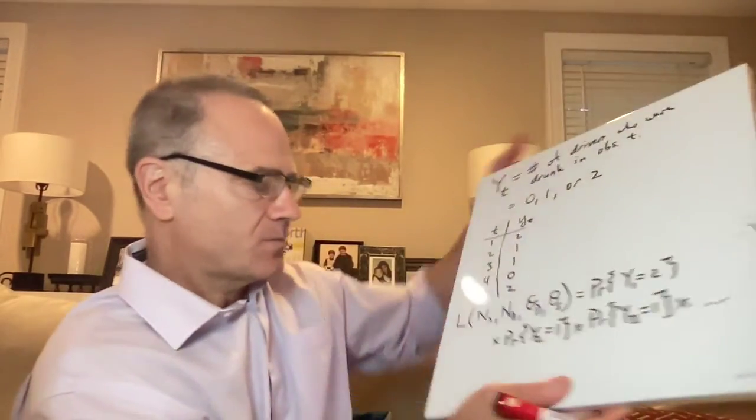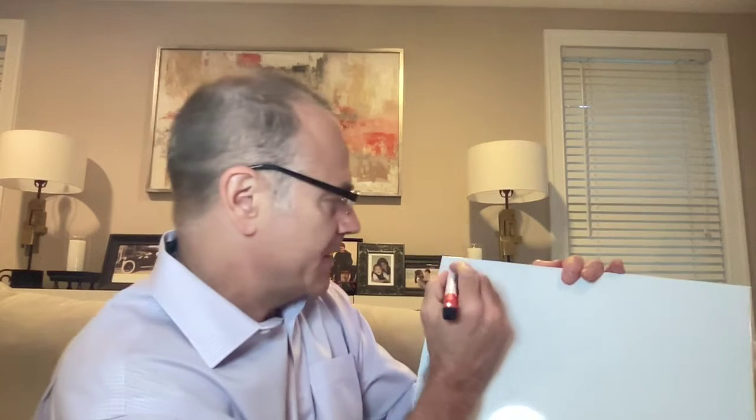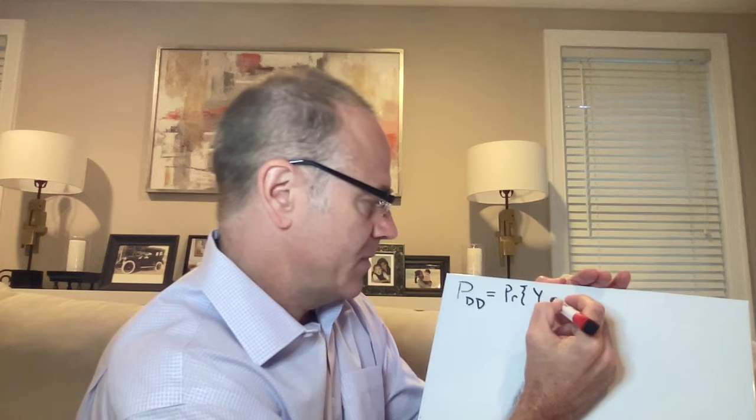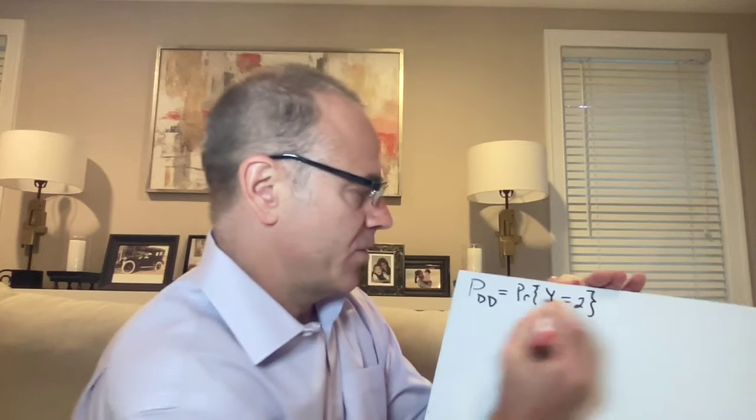Now, the next thing we're going to do is define some terms. Levitt and Porter define PDD, that just equals the probability that for any y sub t, the number of drunk drivers equals 2.